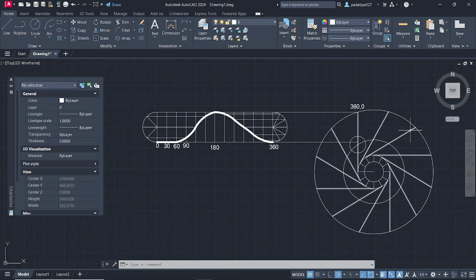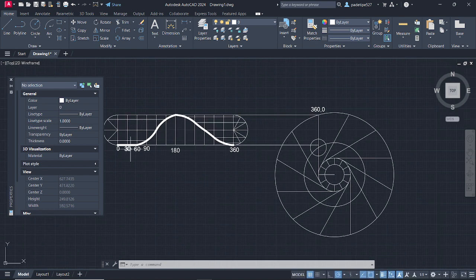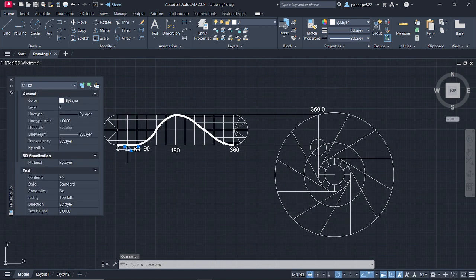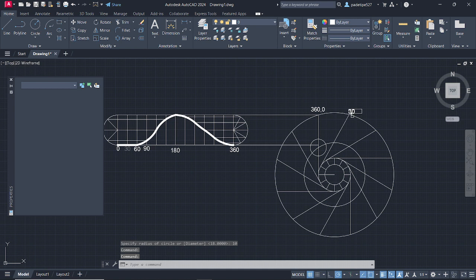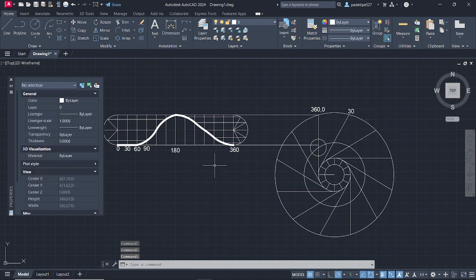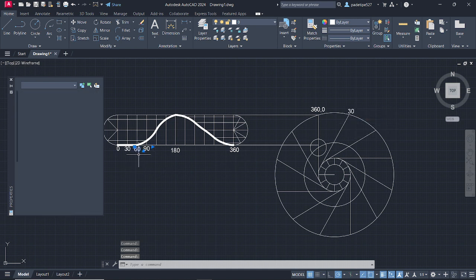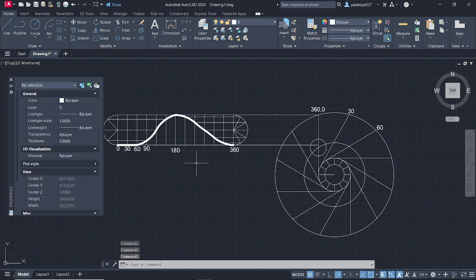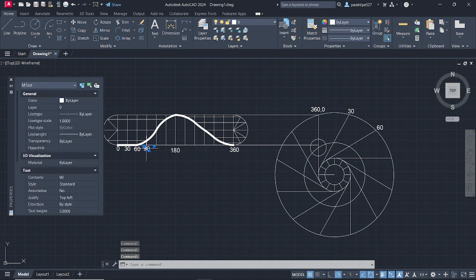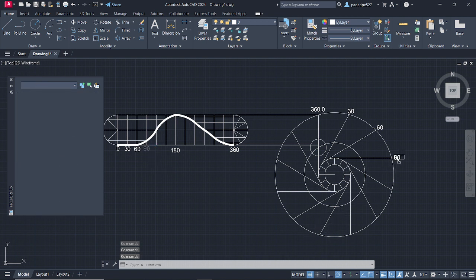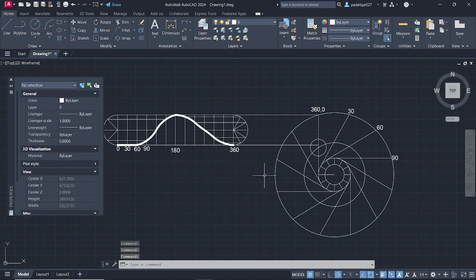That means this will be our 30. Remember where I said copy here, and we'll do this too. Copy. Good.